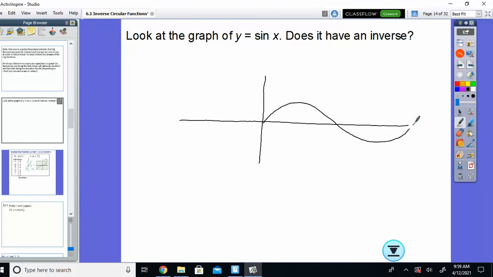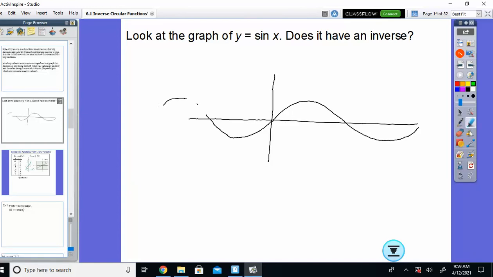We know the graph looks roughly like this, but it doesn't just stop. It keeps going in both directions. If I wanted to get that entire graph, I would need to capture the positives and the negatives, right? What we want to do is take a section of this graph, one nice continuous section where we would get all of those, the positives and the negatives.